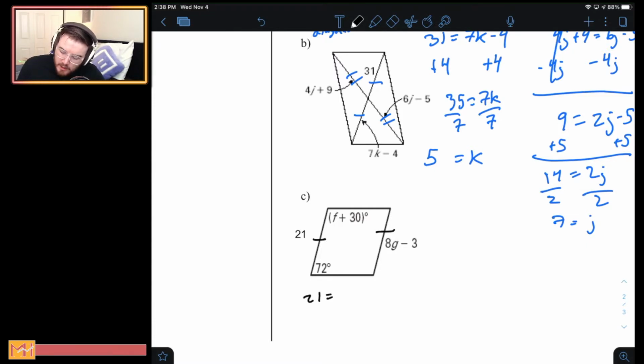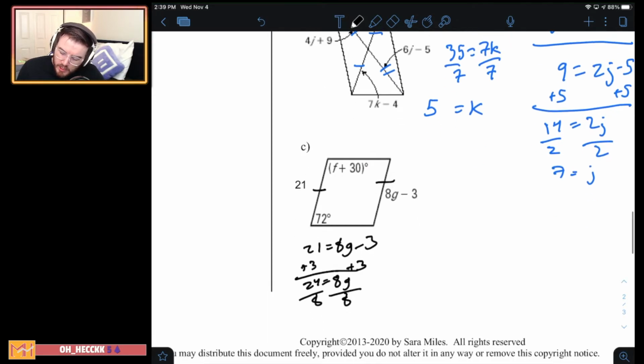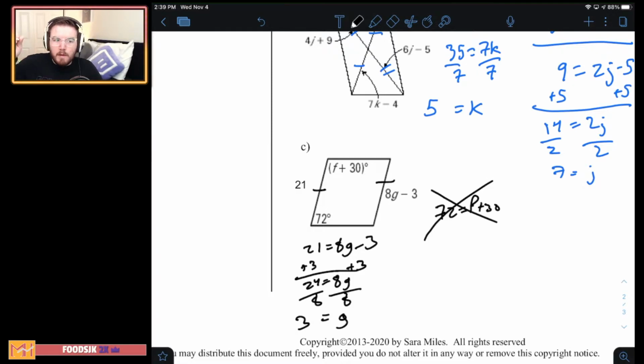So set those equal. And why is that? Opposite sides are congruent. So G is 3. And then here, what do we have here? You might be tempted, you're like, well, every single one of those problems, you set it equal. Not this time, I'm not.